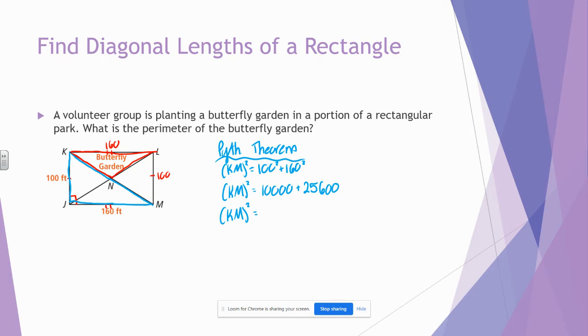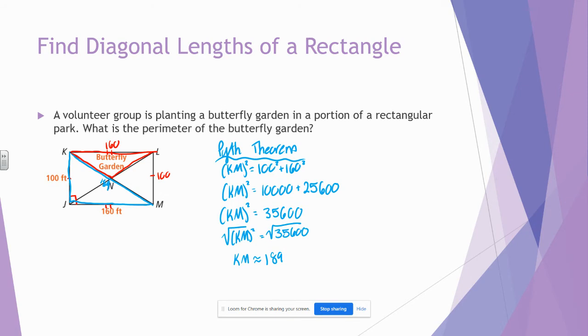KM squared is equal to 35,600. So now we want to take the square root of both sides. So we're going to say that KM is approximately equal to 188.68. I'm going to say 189. So that means this whole length here is 189 feet.